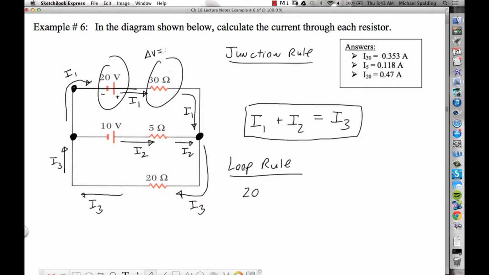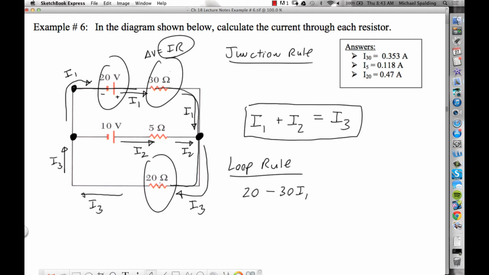What is the voltage loss? Well, let's use Ohm's law. Delta V equals IR. So that's going to be minus I1 times 30. So let's put that a little nicer. Let's go 30 I1. That's just Ohm's law, right? So that's minus 30 I1. You guys get it? Delta V equals IR. Okay, let's keep looping. Okay, what's happening right here?